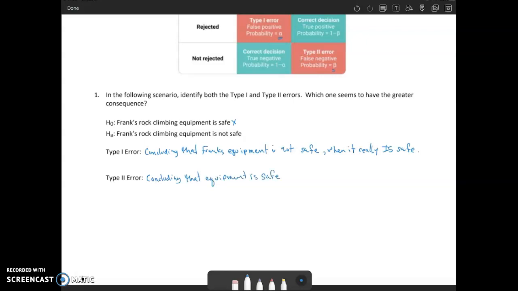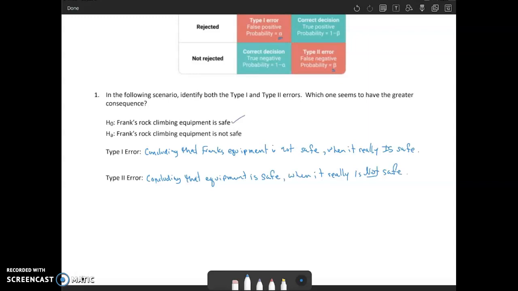Because we are not rejecting the null, so we are keeping this. So this is like saying, nope, we don't reject it. We're saying we're going to keep this. So deciding or concluding that the equipment is safe when it really is not safe.